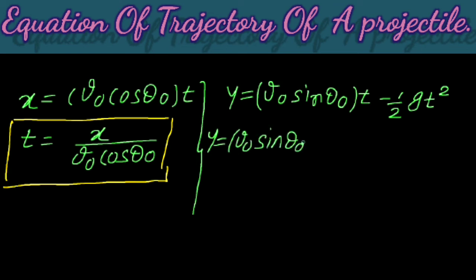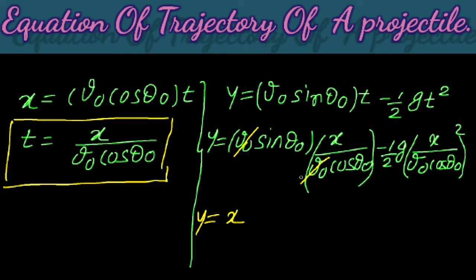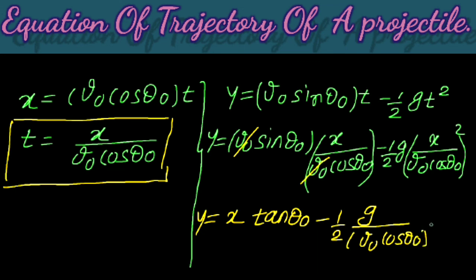We get v_0 sin θ_0 times x divided by v_0 cos θ_0, minus 1 upon 2 g times the square of x upon v_0 cos θ_0. Here sin θ_0 upon cos θ_0 equals tan θ_0. So y equals x tan θ_0 minus half g divided by the square of v_0 cos θ_0, times x squared.